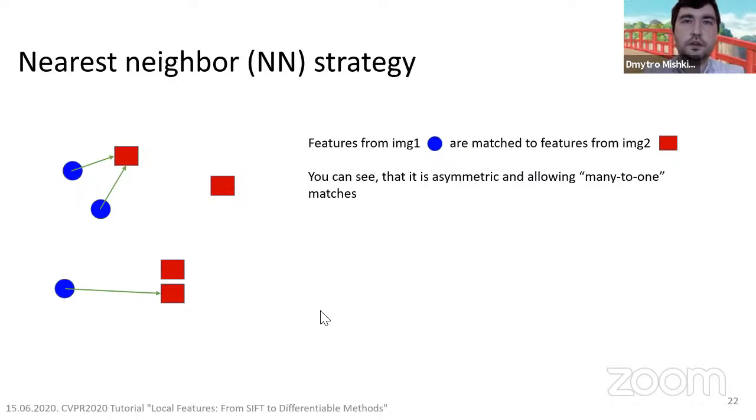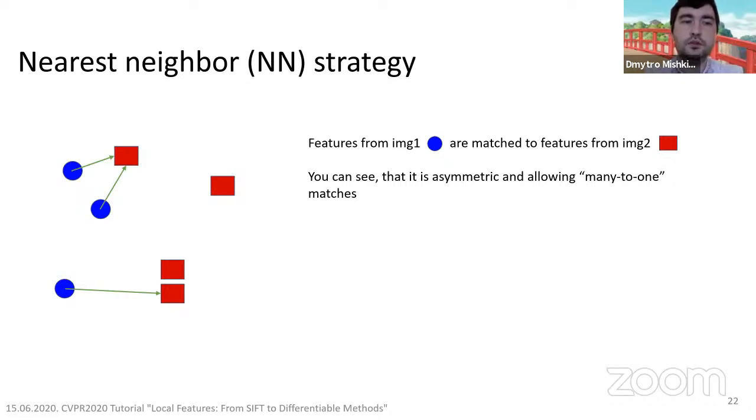First, you match features from image 1 to image 2, and you just pick the nearest neighbor for each. You can see that there are two problems with it. The first problem is that you have different features from image A matching the same feature in image B. Of course, they both cannot be true. One of them is correct and the other is incorrect.